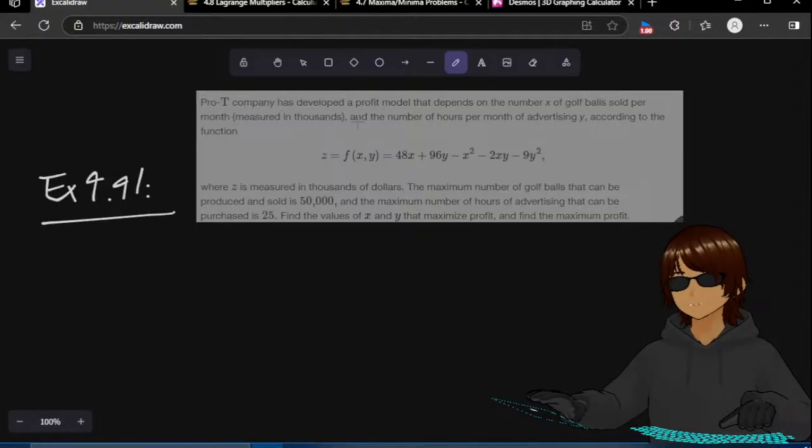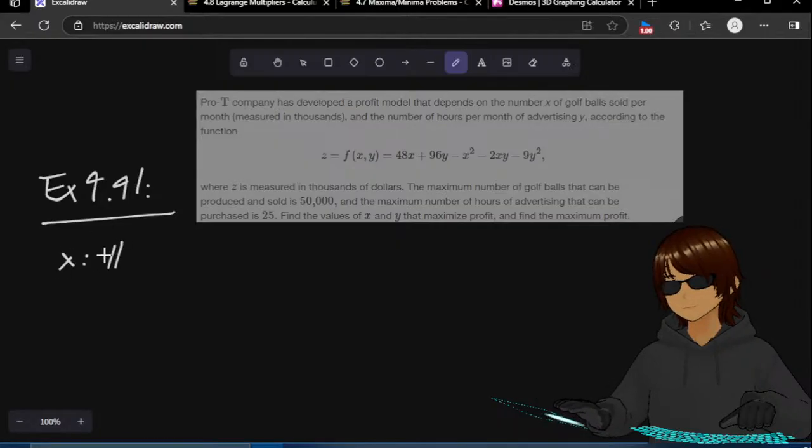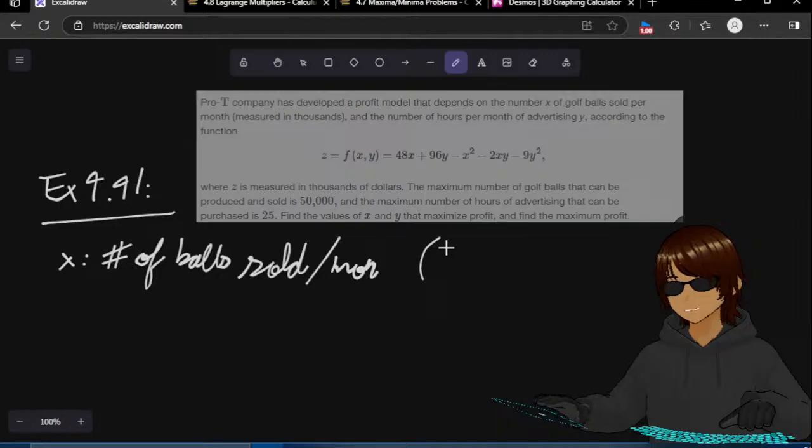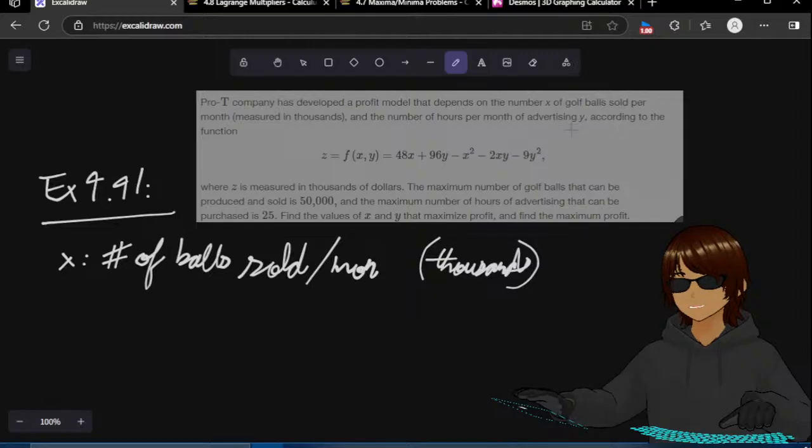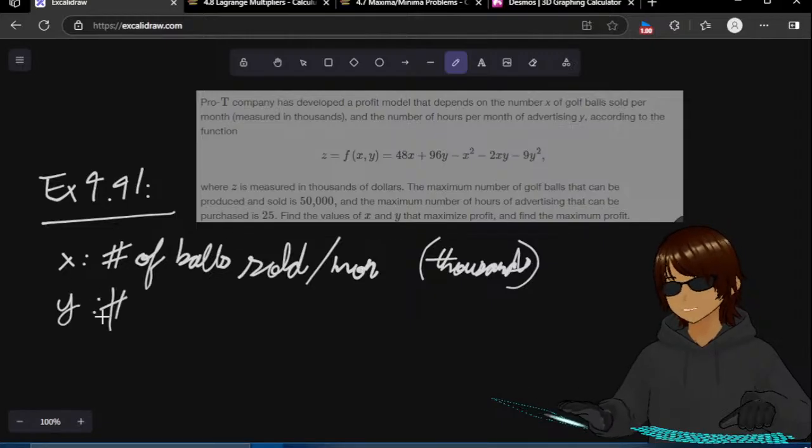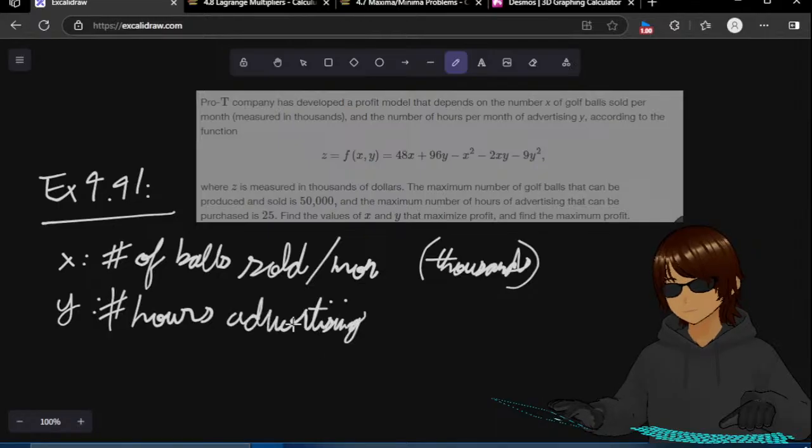Pro Tea company has developed a profit model that depends on the number x of golf balls sold per month, in thousands, and the number of hours per month of advertising y, according to this function.